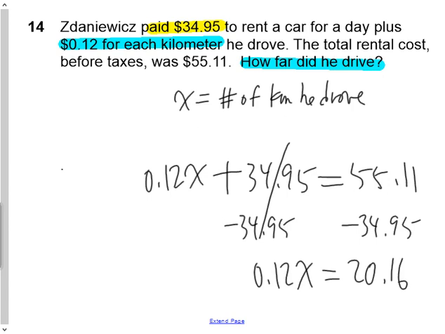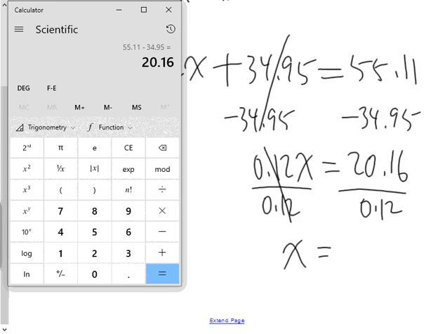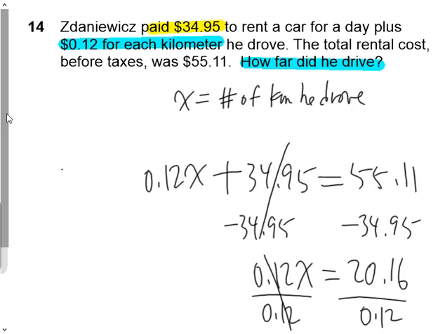So if we divide that by 0.12, or the cost of 12 cents per kilometer, x will equal... is it that much? Wow, 168. Okay, so now that we've solved it, we go back into our original part. x equals the number of kilometers you drove. x, therefore, he drove 168 kilometers.